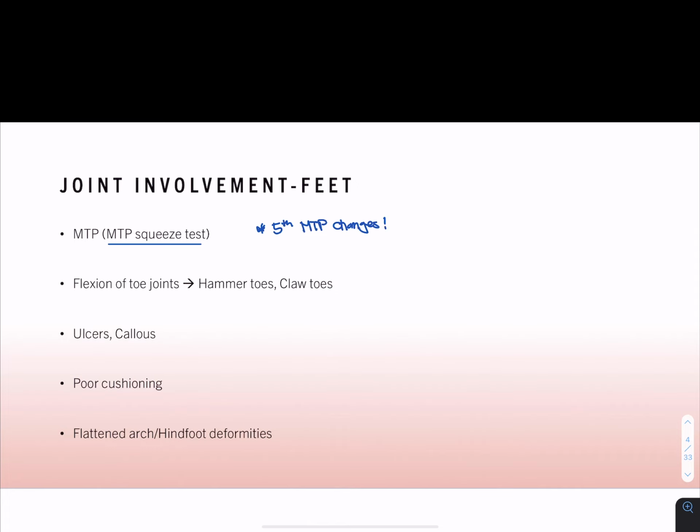How about other foot deformities? So one third of rheumatoid arthritis patients develop foot deformities during their lifetime. Have you heard of clawed toes or hammer toes? In the clinic, you will encounter patients who complain about their inability to wear regular shoes or closed-toe shoes because of these deformities.